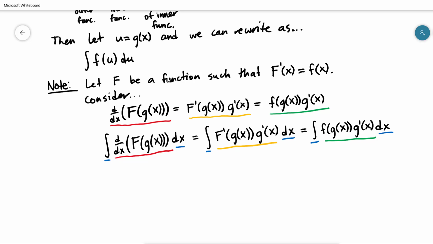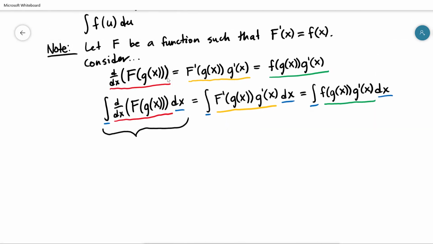Well, this whole piece is just the integral and the derivative essentially undo each other, so to speak, and we just get F of g of x. Oops, let me rewrite that. There we go. So this whole thing winds up just looking like this. That's that whole piece. If I copy this whole piece down over here, this is essentially what we're looking at.